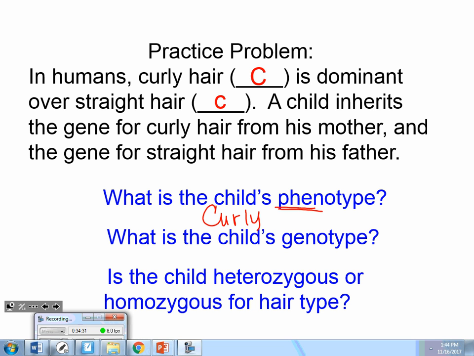Well, they get a curly hair gene from the mom. So what is that? Big C or little c? Big C. And they get a straight hair gene from the dad. Lowercase c. So they get a big C and a little c. Is that homozygous or heterozygous?